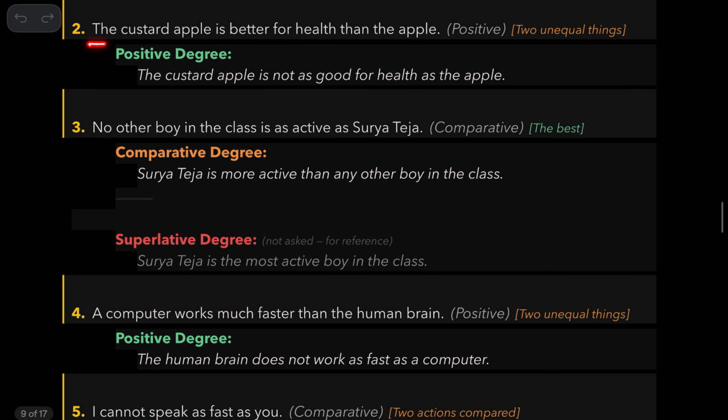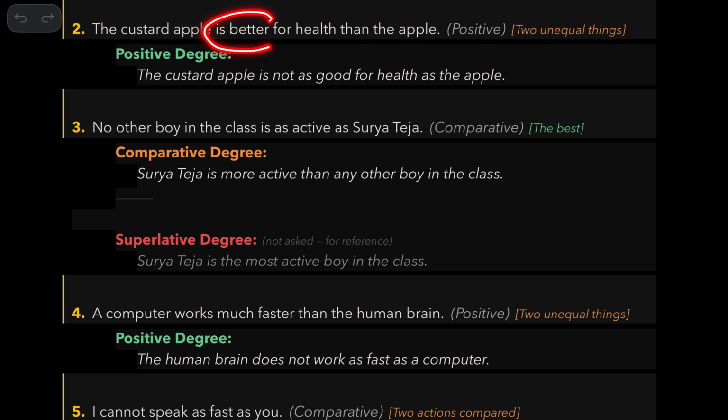The custard apple is better for health than the apple. See here, when there are only two things involved, you don't even have to look for the instruction. Because only one answer is possible, because you don't have a superlative degree. If the question given is in the positive degree, you change it to comparative.